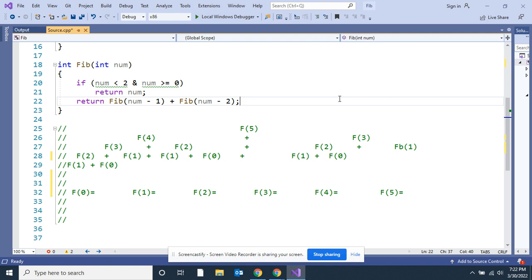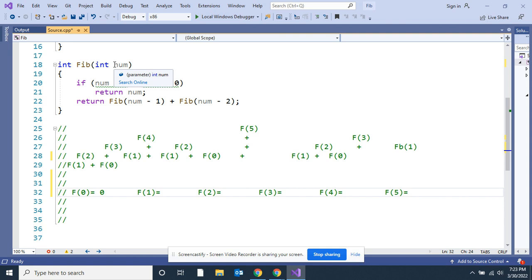All right. What we're going to try to do is work through this and figure out what F5 equals. The easy ones are 0. For the sake of room down here, I'm going to call it F. So F0 is going to return 0. So we know that this equals 0. Also, I know that F1, if I entered a 1 here, it's just going to return a 1, the number that I entered.